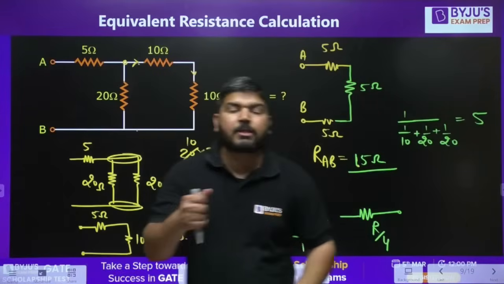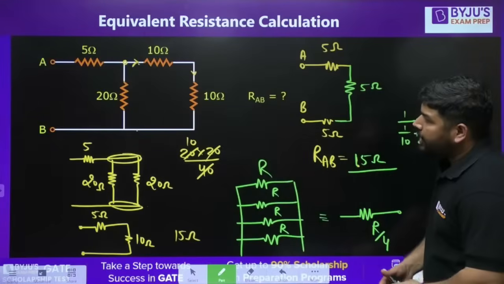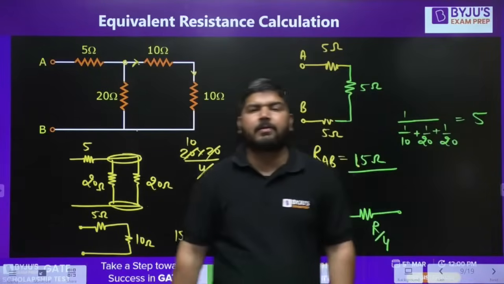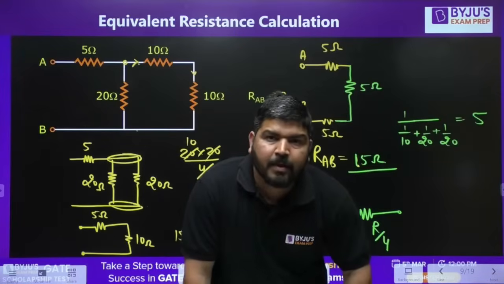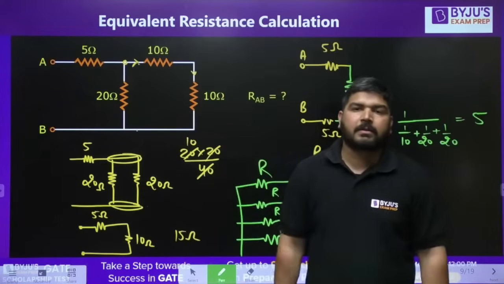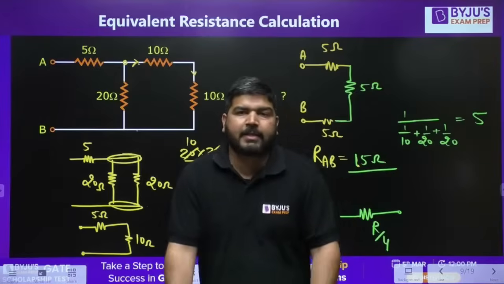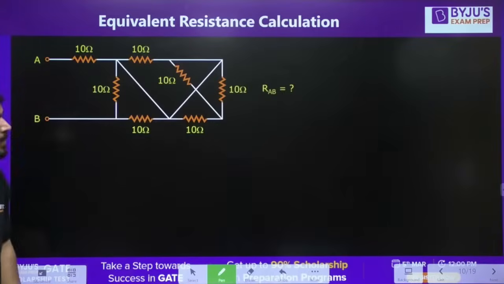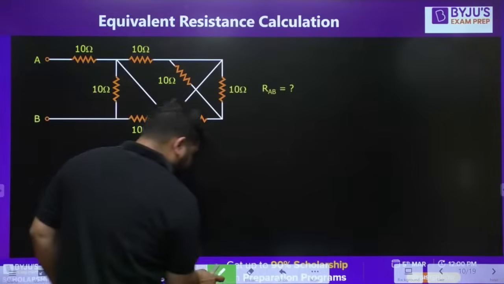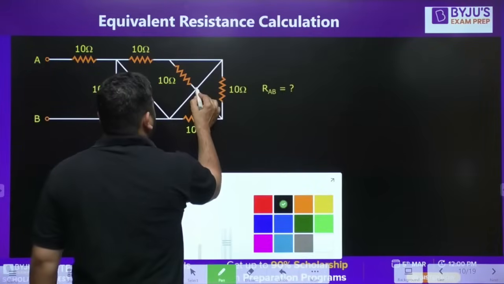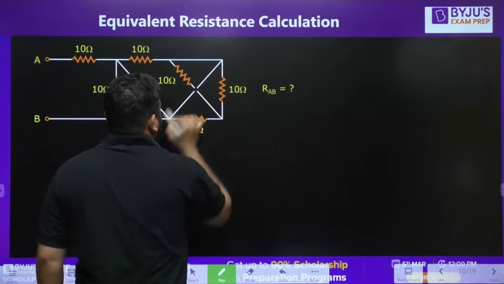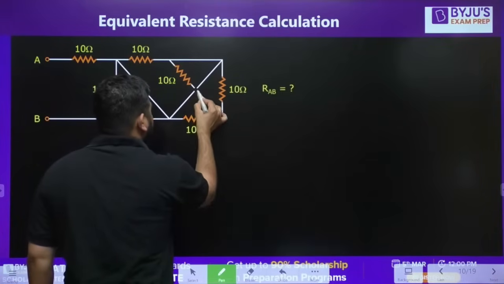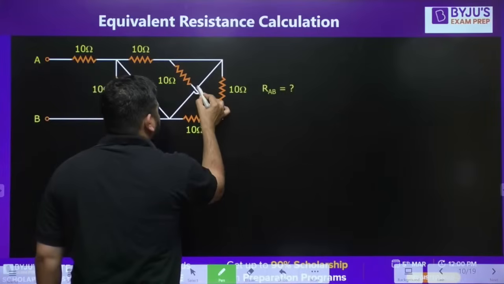But there are some situations where it is not easy to find which two resistances are in series and which two resistances are in parallel. There are some complicated circuits. There it's not easy to recognize. Let's take this circuit. Wait a minute, let me rectify this.